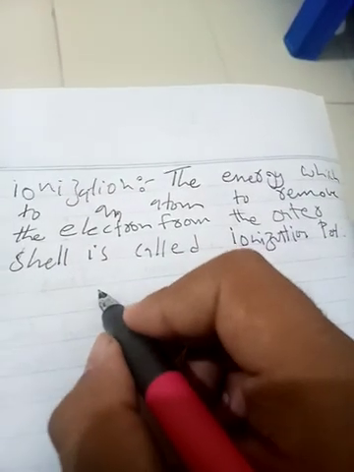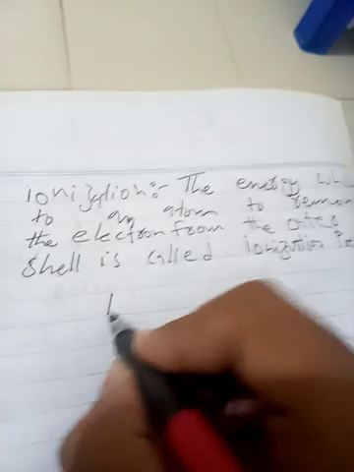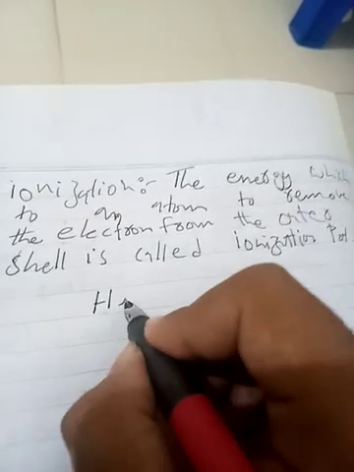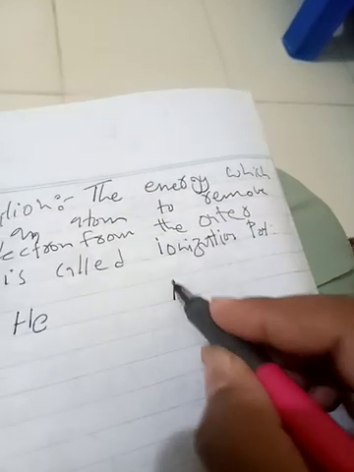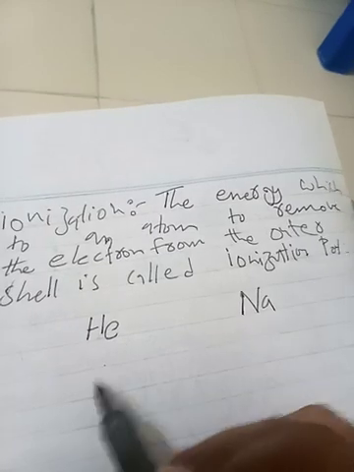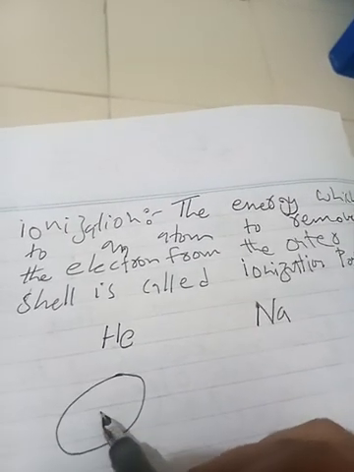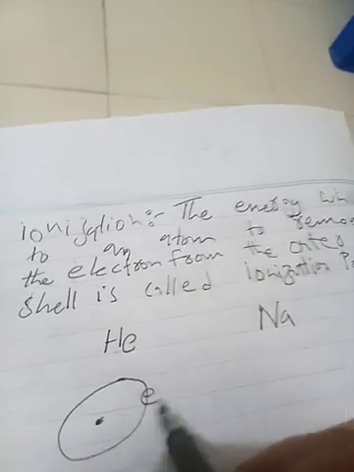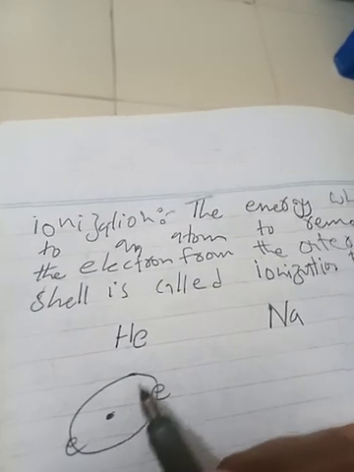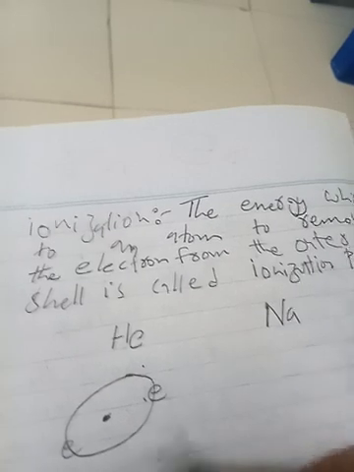We will define it like this: we have the atom of helium here, and the atom of sodium here. Helium has two electrons, one here and the other one here, and its duplet is completed.